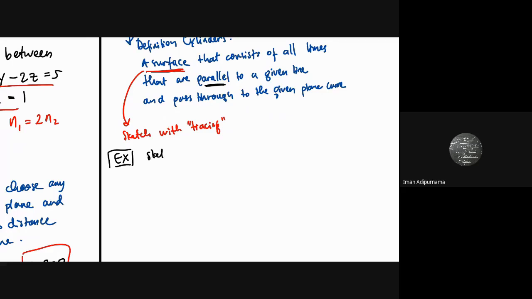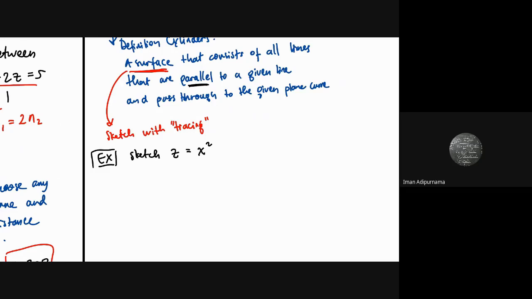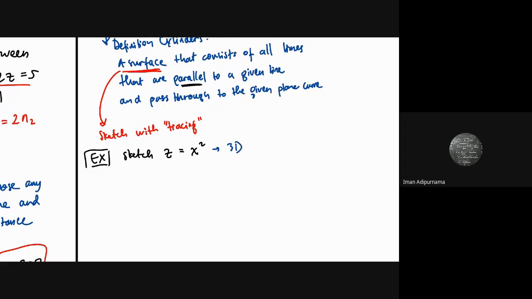Let's try to sketch z equals x squared. Now from this z and x, of course this is 3 dimensions, 3D space. And from this equation, we are not seeing any y, right?